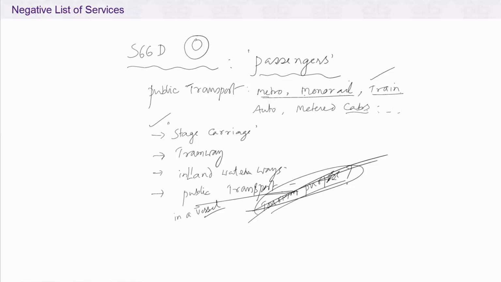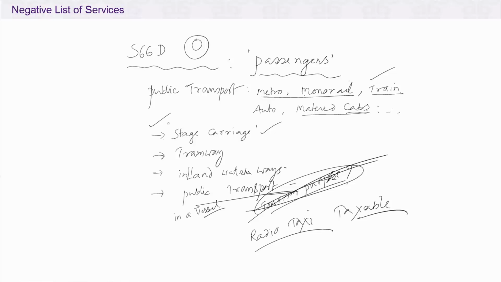So stage carriage, auto, metered cabs, train, but metered cab is there. Radio taxi is taxable. You should know the services of radio taxi, they are taxable. So very important point to understand.